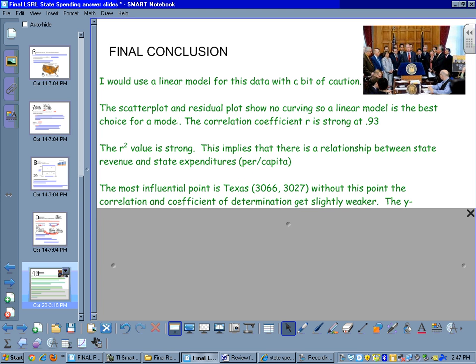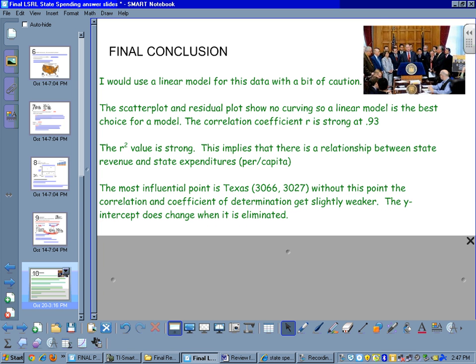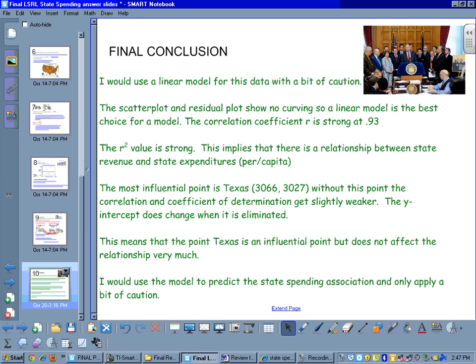The most influential point is Texas, but when you take Texas out, it doesn't really affect the relationship a terrible amount. It just changes our beginning y-intercept. So that means it's influential, but doesn't affect the relationship very much. I would use this model to predict state spending, the associations between revenue and expenditures, and only apply a small bit of caution.